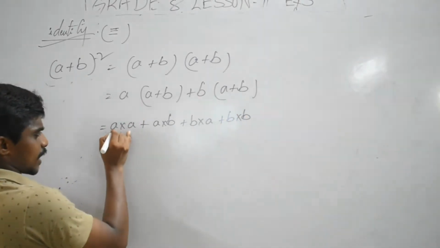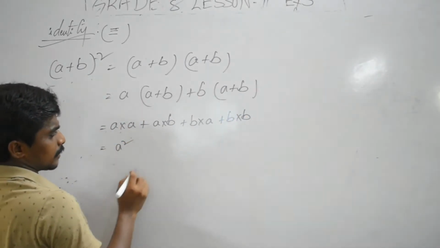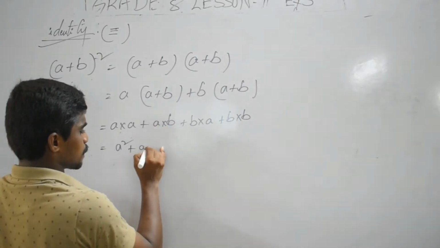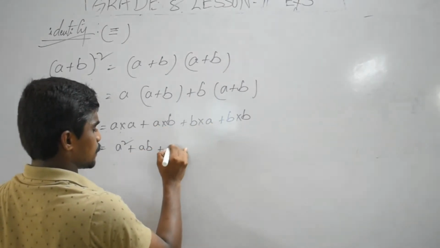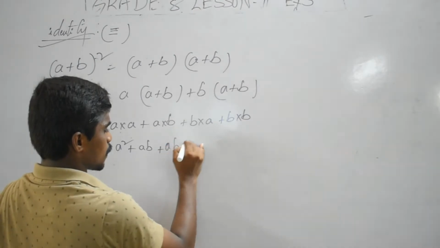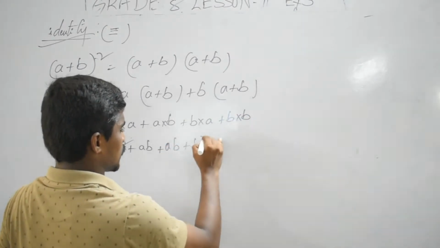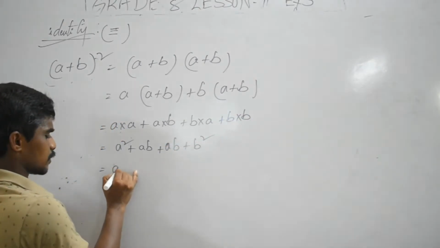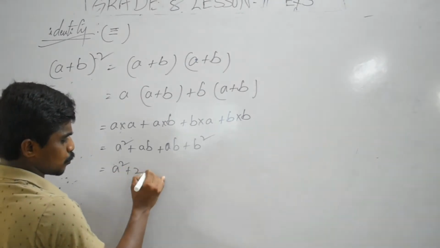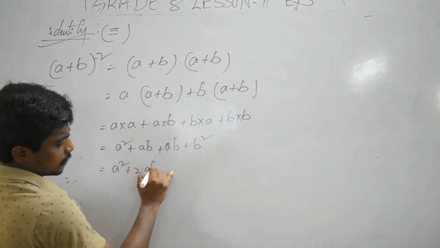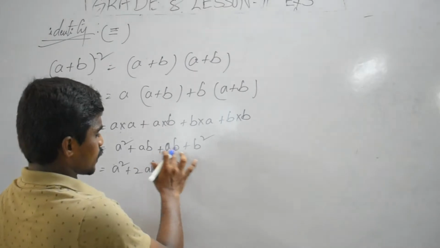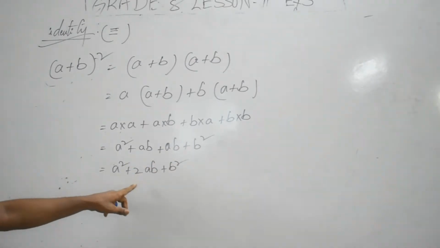So a times a is a square, ab, plus ab, plus b times b is b square. Now a square plus 2ab plus b square. Here ab is how many? 2ab.